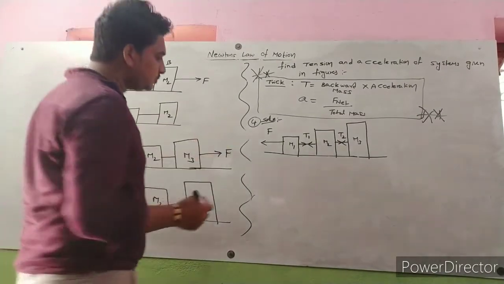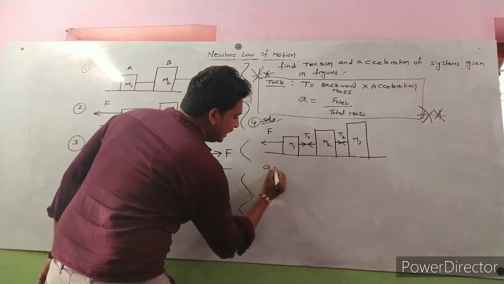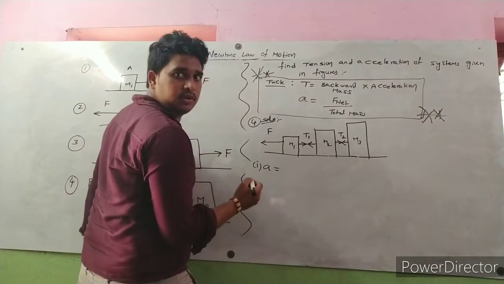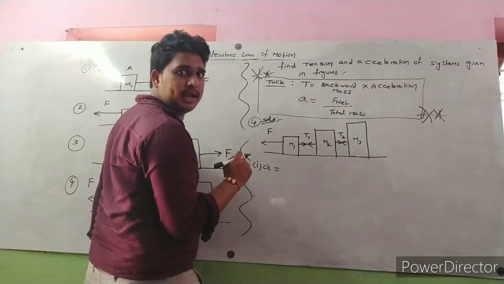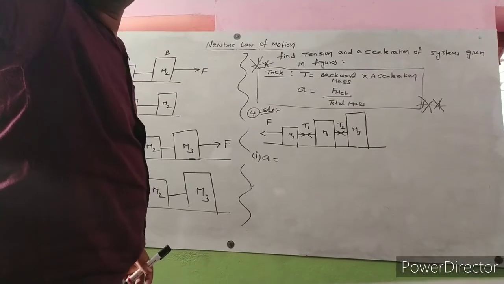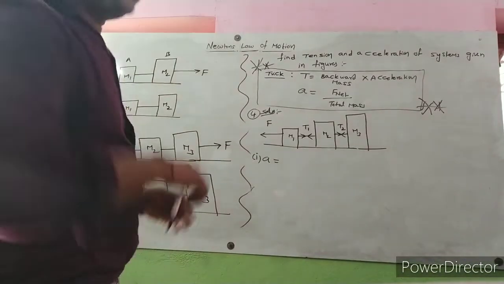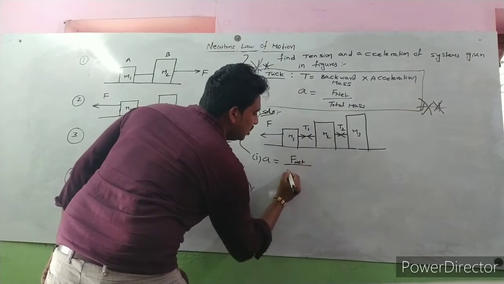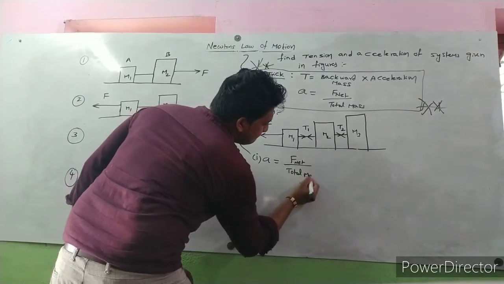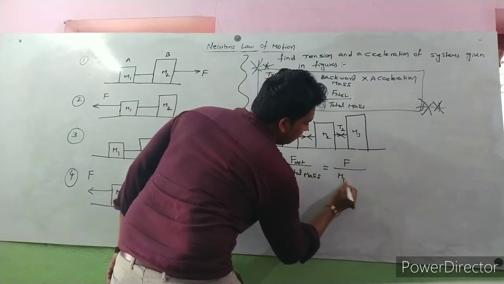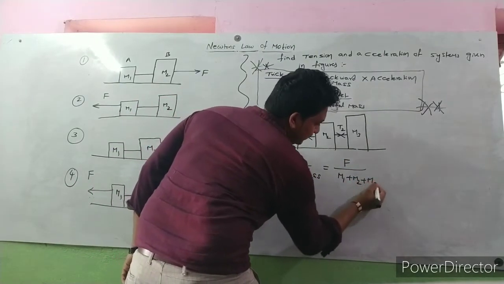Now from this, the acceleration is equal to force by total mass. Is it or not? Acceleration is equal to F net by total mass. What is F net here? F. Total mass means m1 plus m2 plus m3.